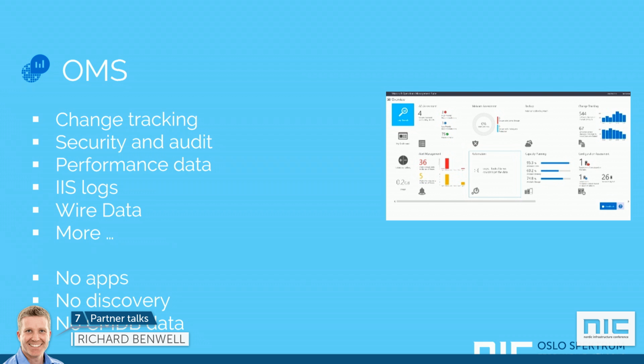But at the moment, OMS is just this very large data store. There's no concept of applications in OMS or discovery or your configuration data. You can't ask OMS about your SQL servers, because OMS doesn't know what servers are SQL servers and what aren't. It's just collecting lots of data. So potential of a lot of answers there, but no context. Doesn't help you ask the right questions.